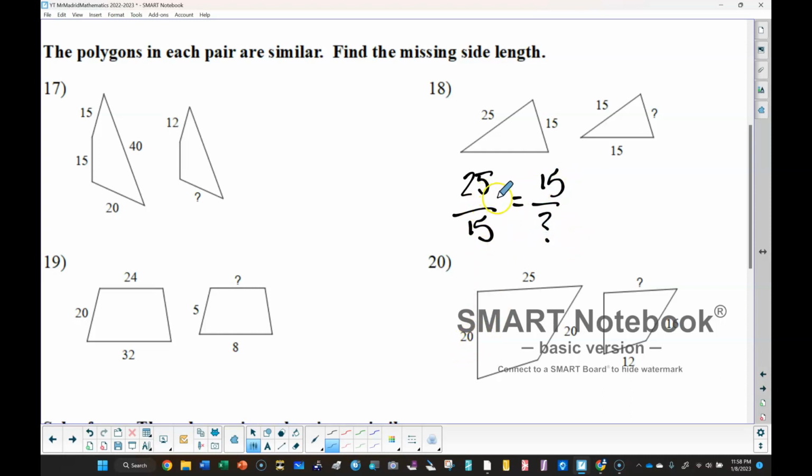I'm going to stop here. I'm not going to do the work. I'll have you guys do the work, but I will give you the answer, okay? So this question mark is 9, the unknown is 9. So you guys go ahead and do the math here, right? The way we started the lesson. And if you get a 9, that means you did it right, okay?